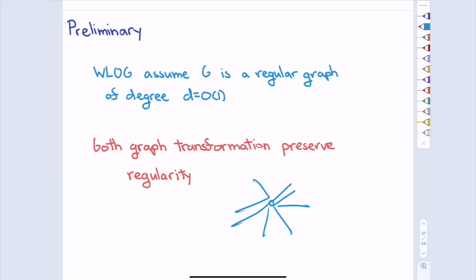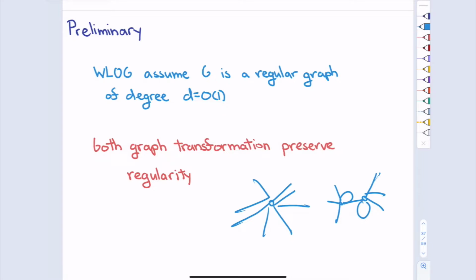How do I make the degree smaller while preserving connectivity? We'll split it up into more vertices if I want to. And then we can do silly tricks if I want to make sure everyone has the same degree. Let's say they all have pretty small degree, but they're not uniform. I'll add some self loops to pad the degrees up, and that's fine.